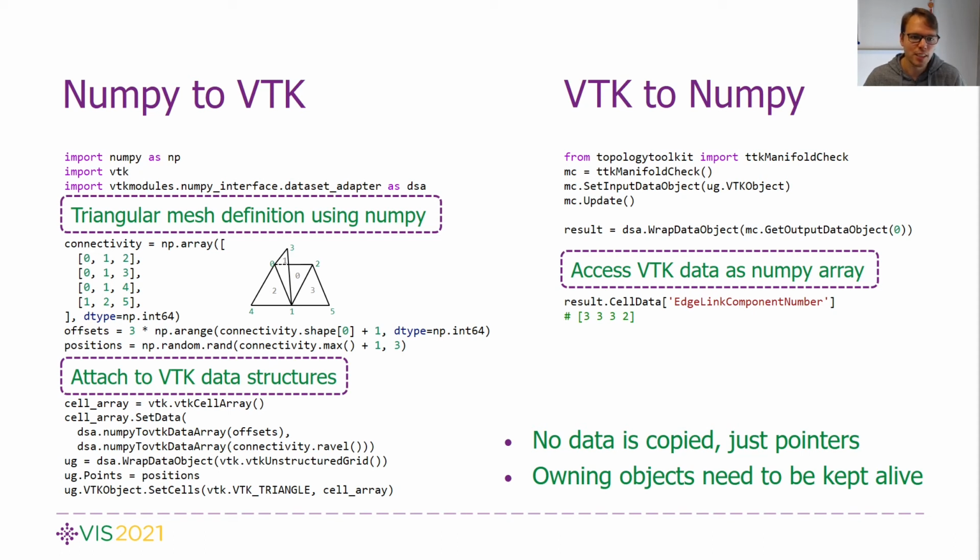This example shows how to efficiently use this NumPy interface since there's no data copied, but in practice you probably want to explicitly create copies of your data in order to avoid any memory leaks.